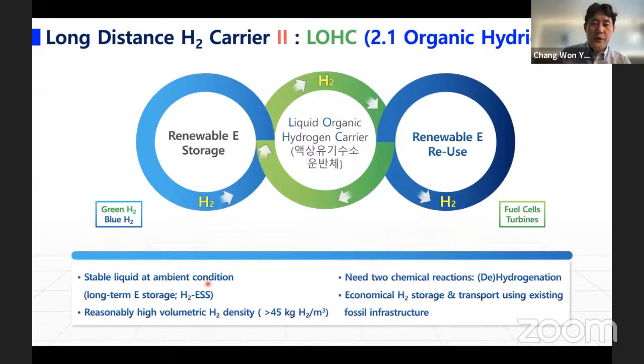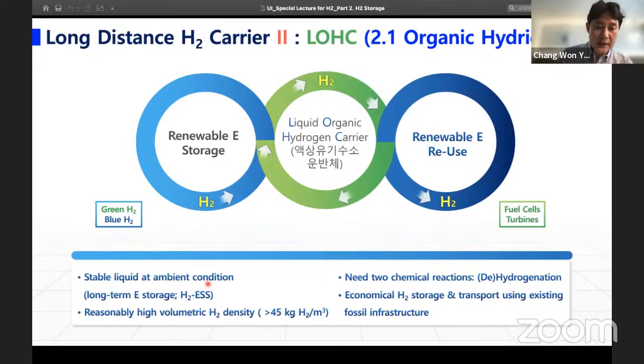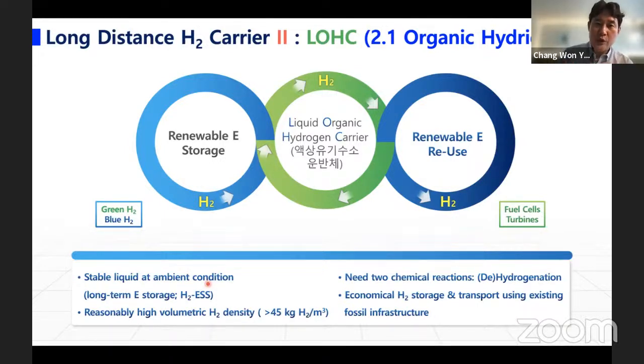And if you don't use a catalyst, then the stored hydrogen won't be released. So you can store hydrogen in the form of a liquid organic hydrogen carrier for a long time in a stable state. So that's really good. So the LOHC can be used for long-term energy storage.